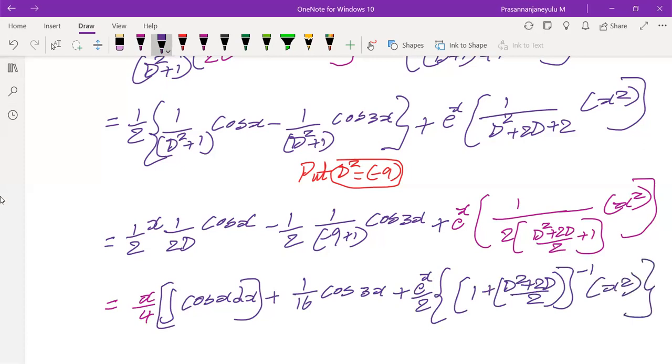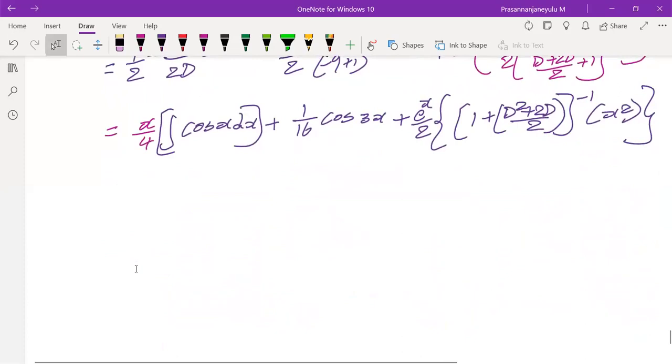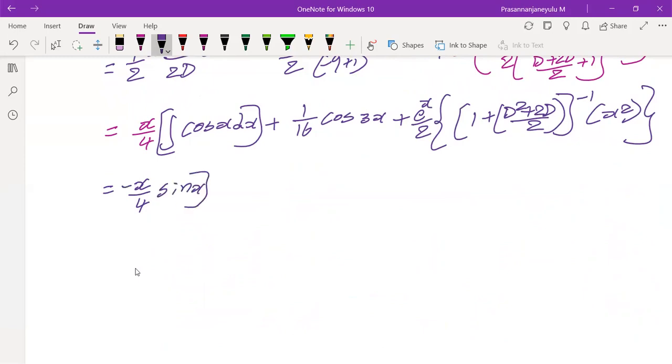Then the first term is going to become integration of cos x is sin x. So minus x by 4 into sin x is the first term, plus 1 by 16 into cos 3x is the second term, plus e power x by 2 into, now here it is in the form of 1 plus d whole power minus 1 of x square.